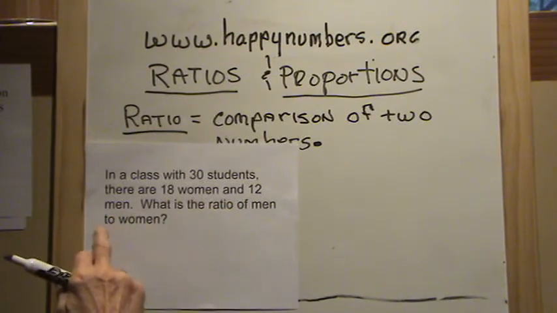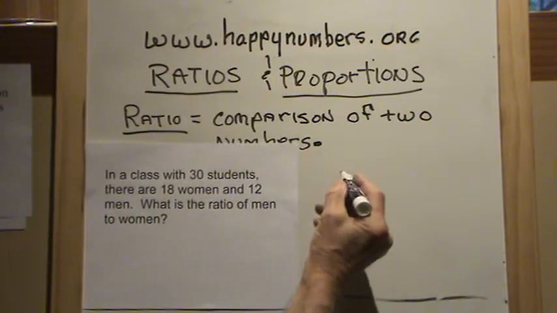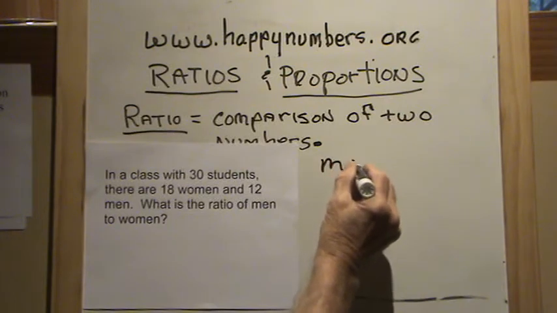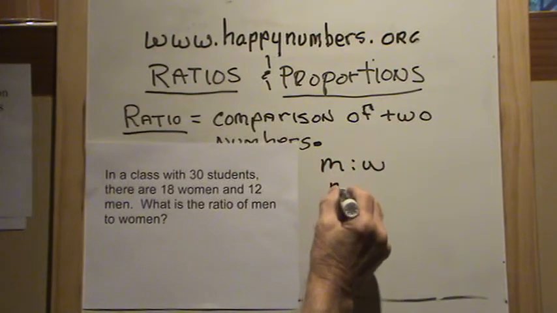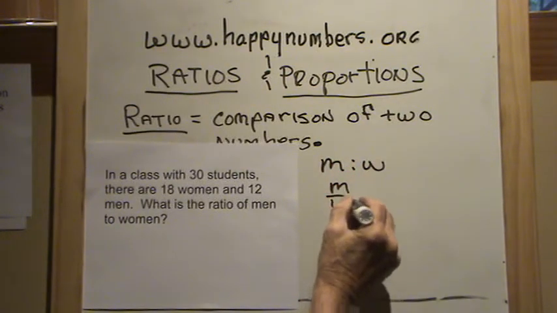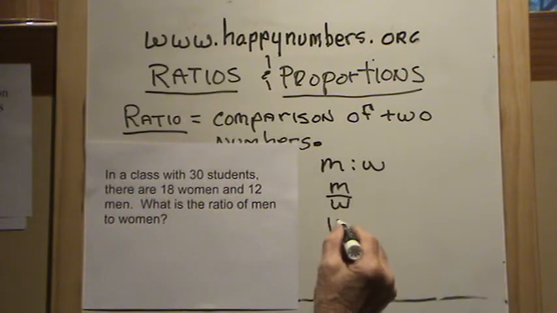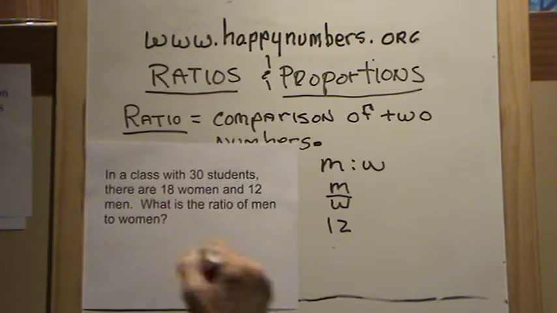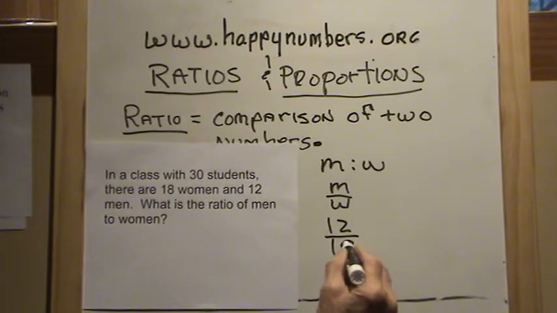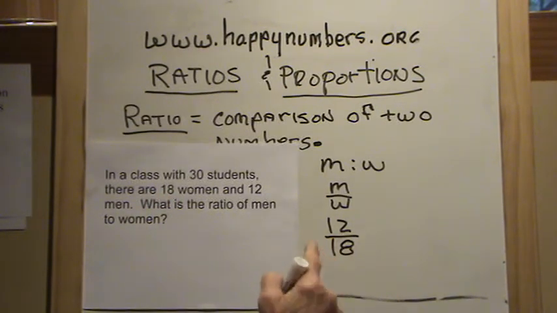What is the ratio of men to women? So we're looking at the ratio of men is to women. There are 12 men, 18 women. So 12 is to 18, and we want to reduce this to its lowest name.